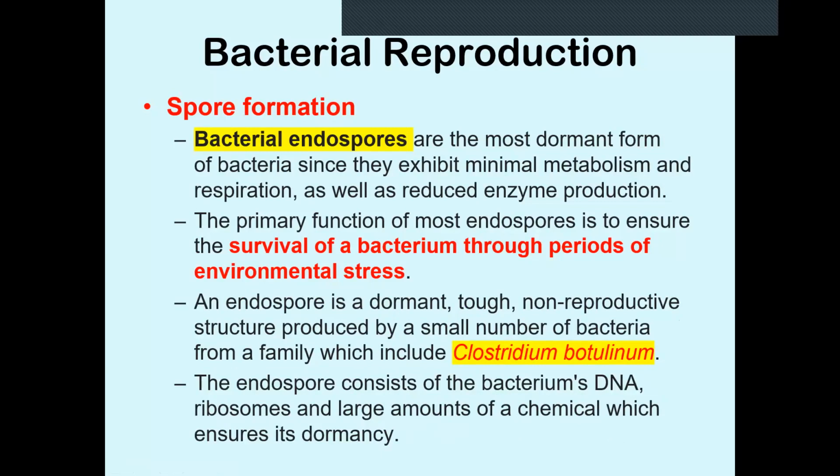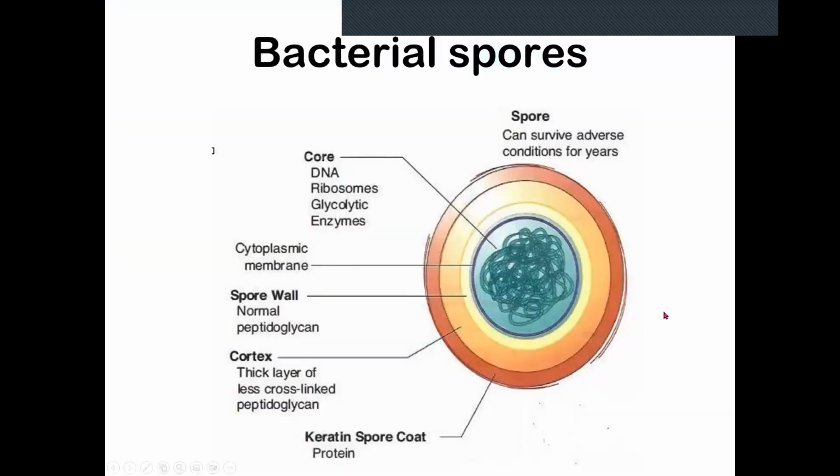Dormancy means still alive, of course. So here's an idea of the core: it has its DNA, its ribosomes, which it needs to produce proteins, and glycolytic enzymes, the enzymes that break down sugars, and it can survive for many years.